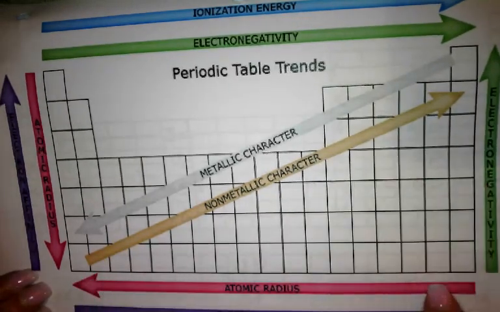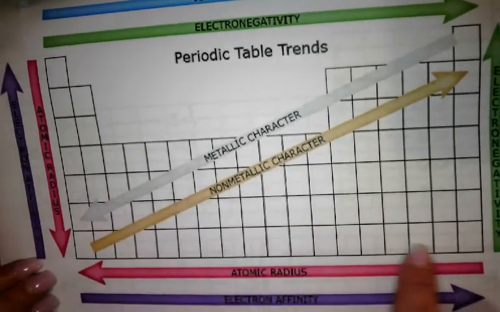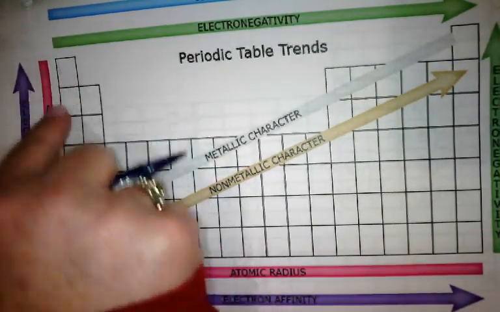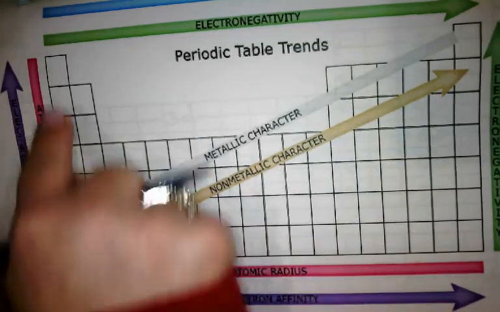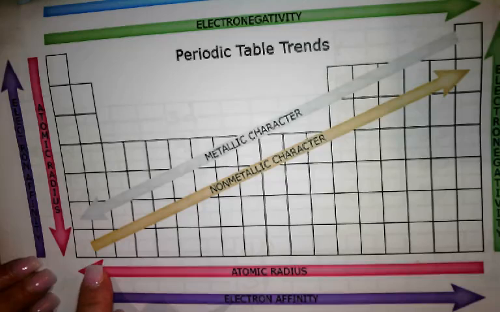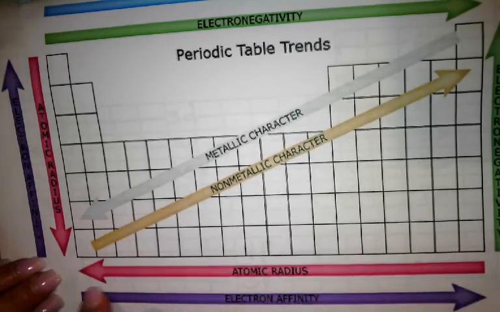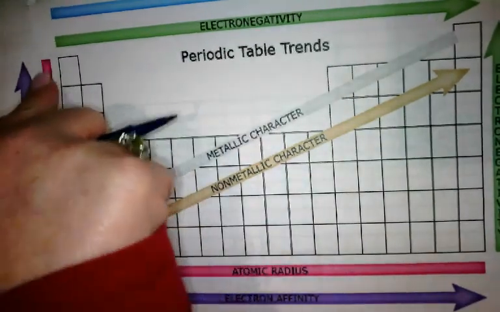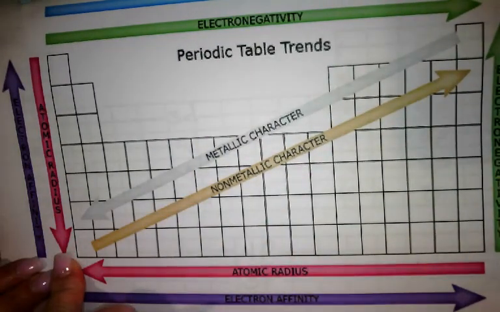And you'll see that for each of the different trends, you'll have what direction they're flowing in the columns, which you remember are the families, and what direction they're going to be increasing in the rows. So whatever direction that arrow is pointing to is going to show where it's increasing. So for instance, atomic radius increases as we move down the columns, and then as we go from the right to the left.